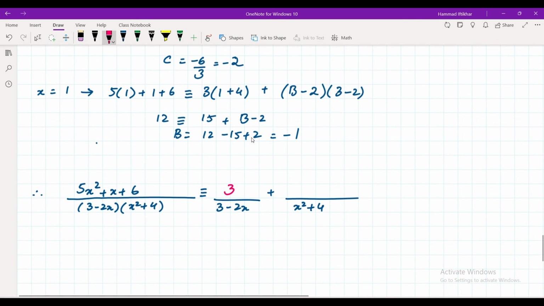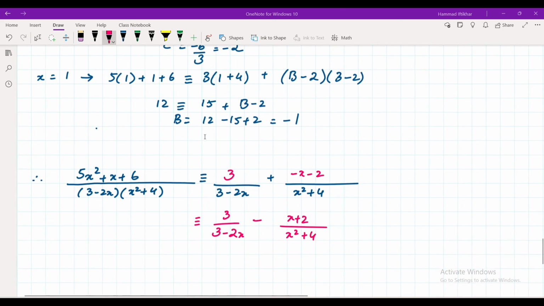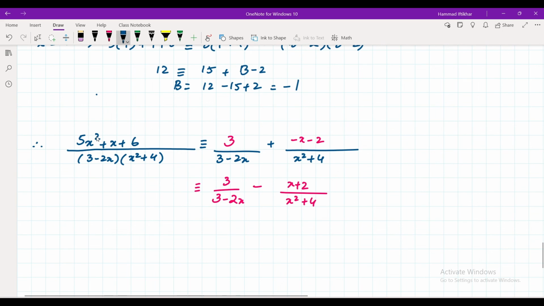So minus x minus 2, or you could take out the minus also. You could also rewrite it as 3 over 3 minus 2x minus x plus 2 over x squared plus 4. Equally fine, basically.